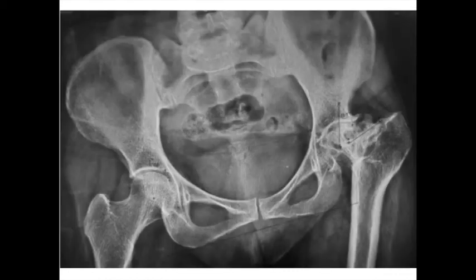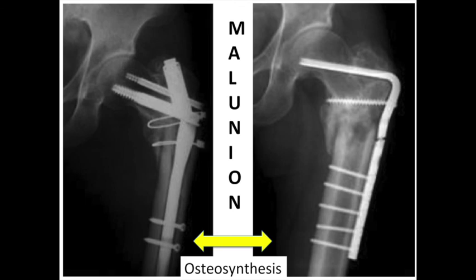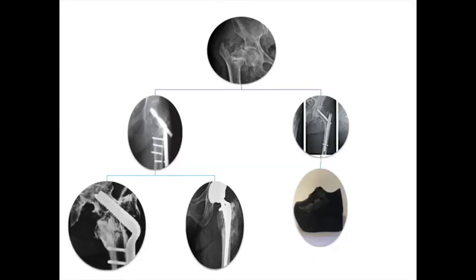And another scenario: a neglected traumatic malunited trochanter with a degenerative hip. You can have another scenario where surgical interventions have been done, but the hip joint is okay. So a few words, the last 2-3 slides, about what the treatment could be. Now the treatment could be depending upon the age of the patient and the disability of the patient.